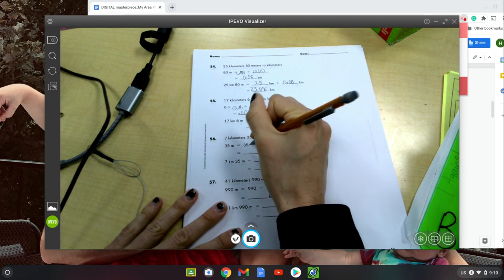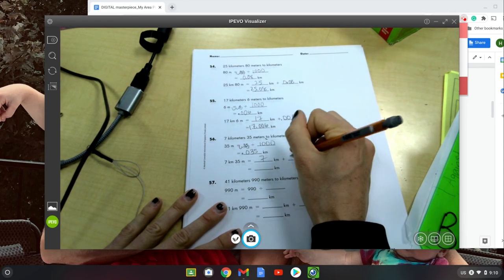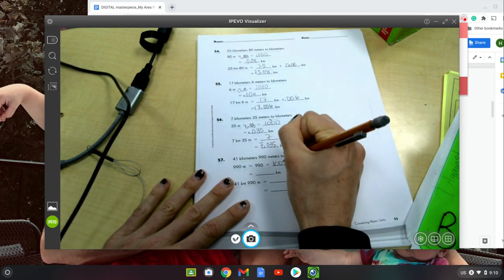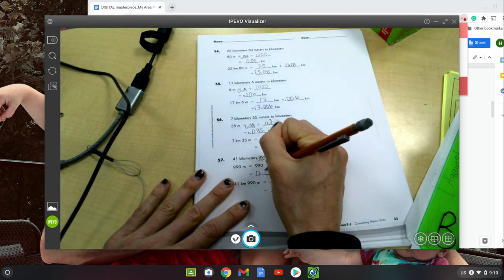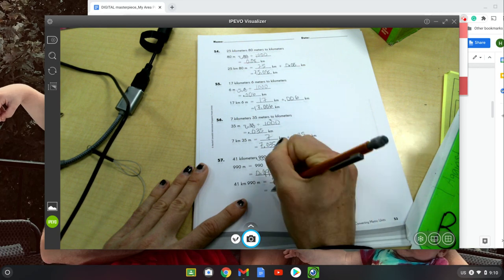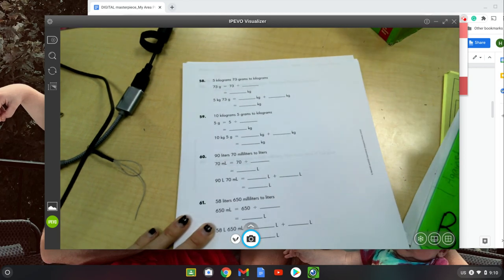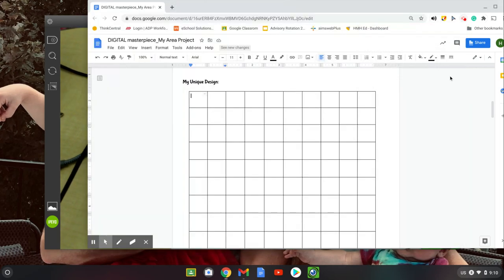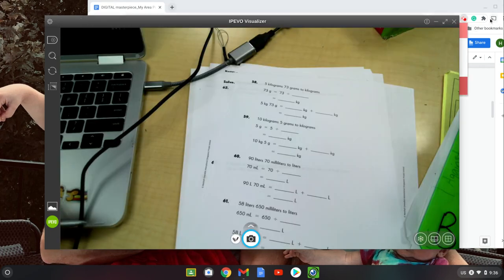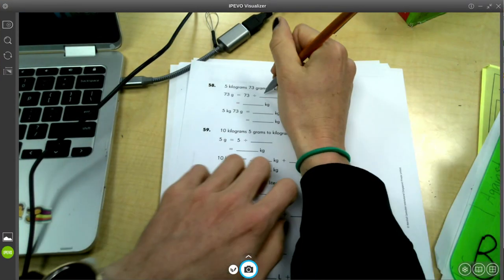Dividing by 1,000, 1, 2, 3. Right. Pause again here. All right, finishing up here. Sorry about that. We are dividing by 1,000 here.